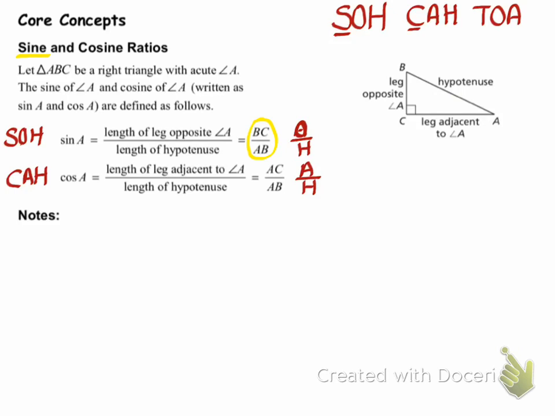For A, the adjacent leg is this one, that's AC. Then I use the hypotenuse, which is this one. So it's AC over AB. That's one example of how to find it.